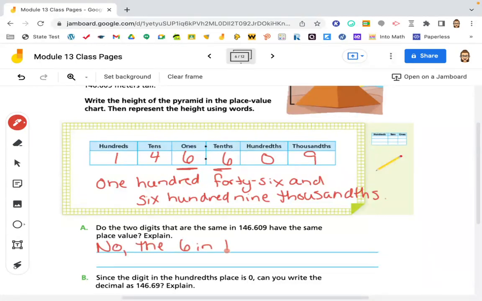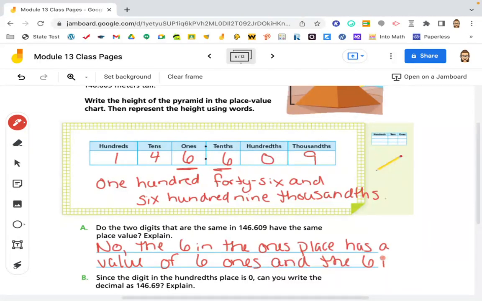The 6 in the ones place has a value of 6 ones. And the 6 in the tenths place has a value of 6 tenths.